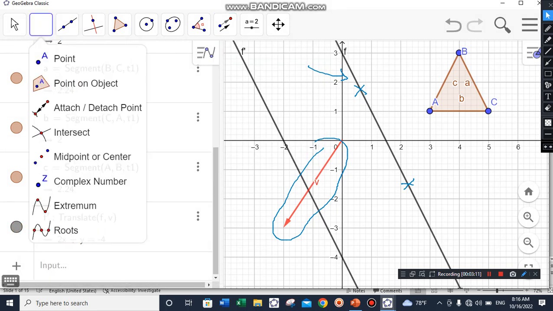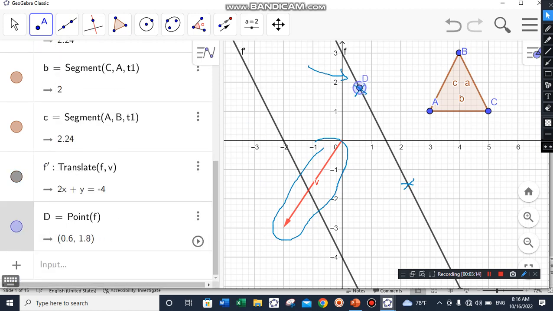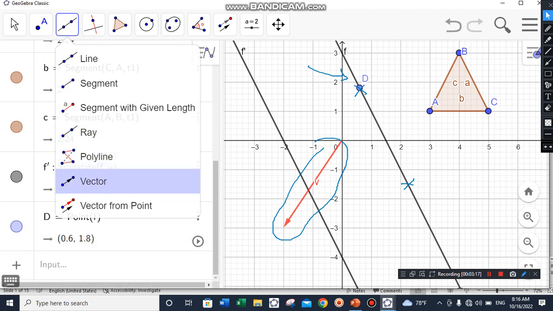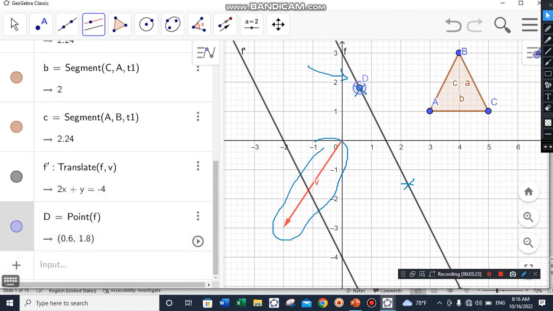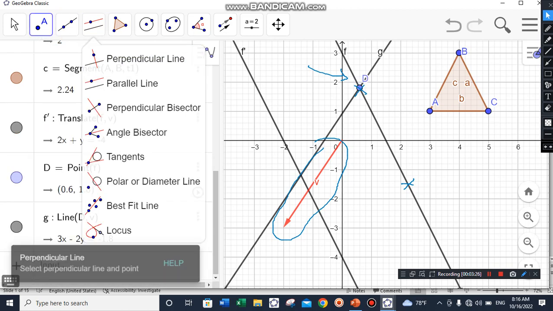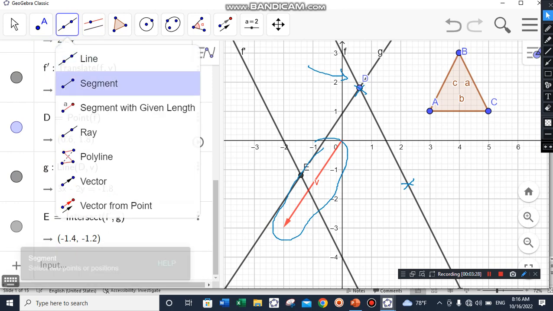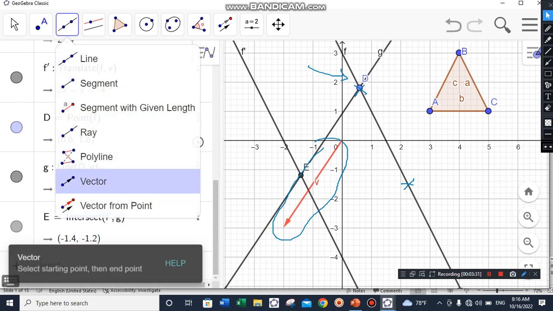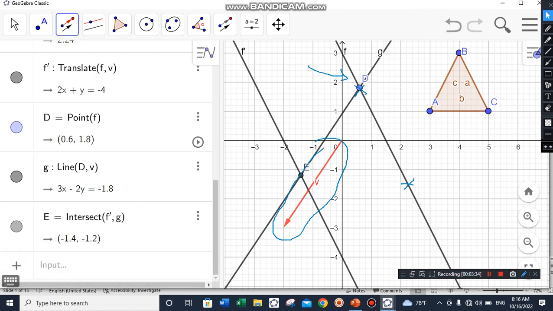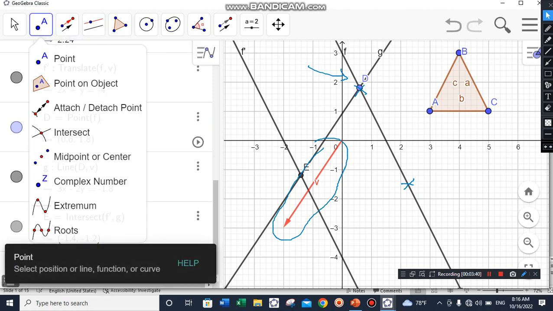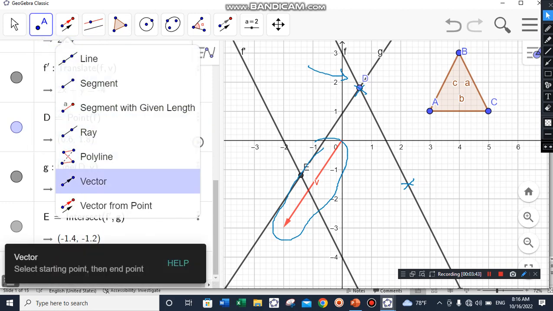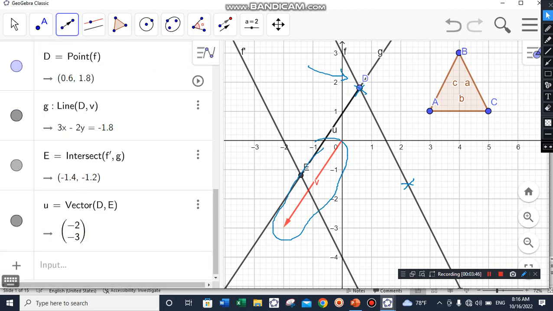If you pick any point here and draw a parallel to that vector, the vector you're going to get is parallel to that line.